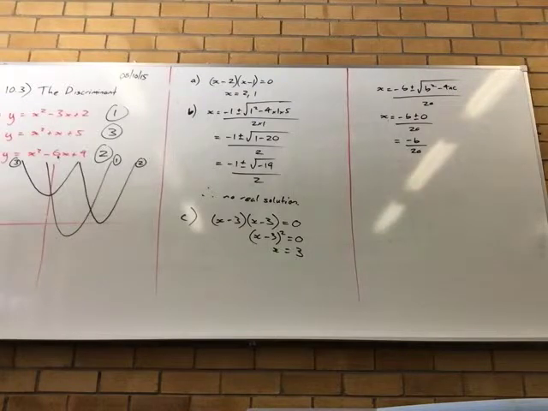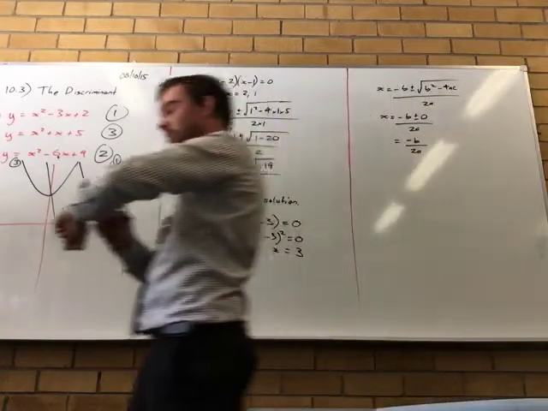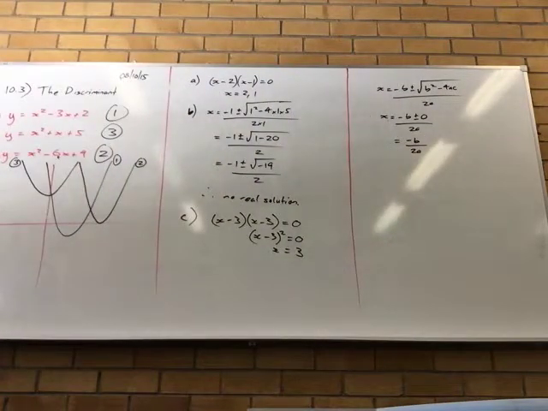And if b squared take away 4ac ends up negative, we can't take the square root of a negative number in this course, so we have no real solutions. All that is dependent on what's called the discriminant.